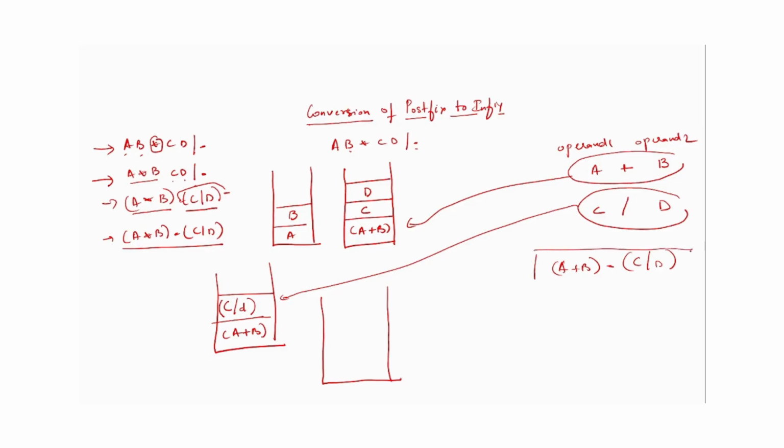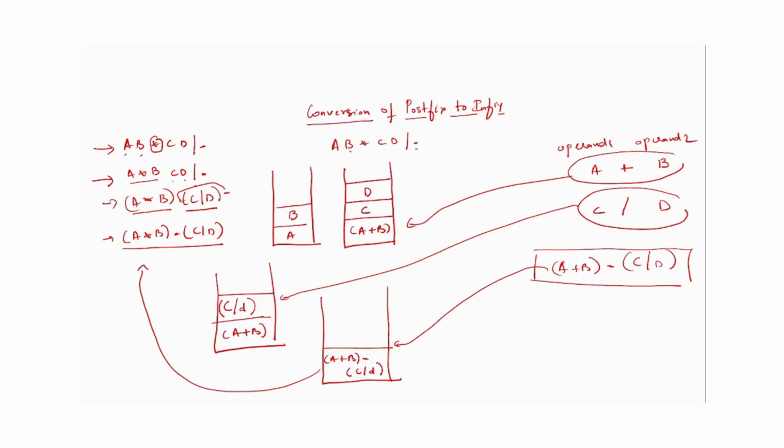This would be my evaluated expression. I will push it back into the stack. Now the stack will contain A star B minus C by D. Again, I have nothing to evaluate after minus, therefore the only expression that is left in the stack is A star B minus C by D, which is equal to the expression which we have done directly.